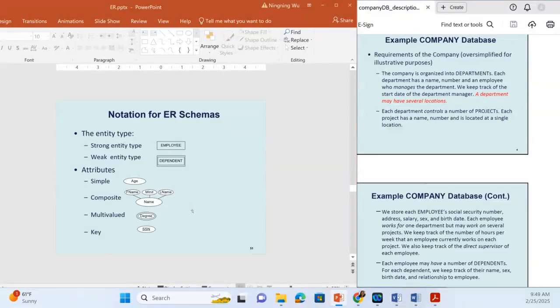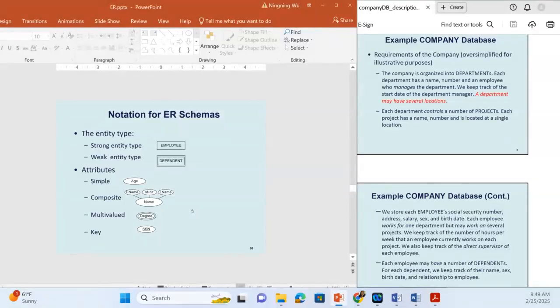And for each entity type, we also need to specify the attributes, which describe the properties of an entity type. Then for the relationship types, we also need to specify the constraints.